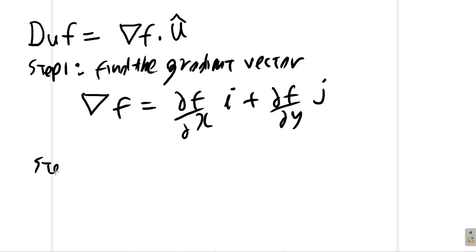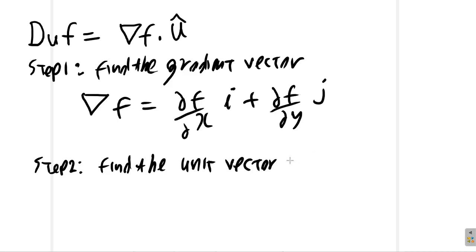Now, step 2, you find the unit vector. Alright, so remember, if you're given the vector in the form a i plus b j, and by the way, remember, sometimes the vector is given in this form as well, right?